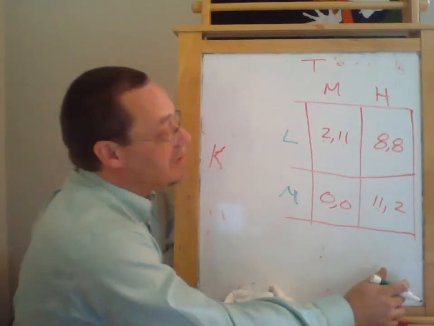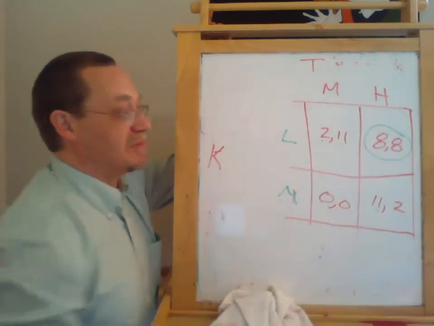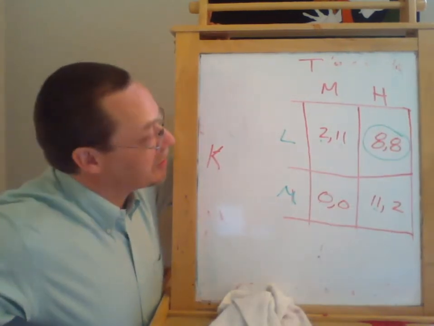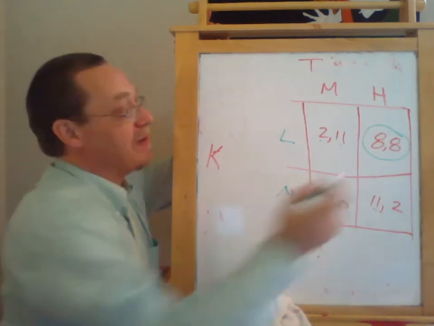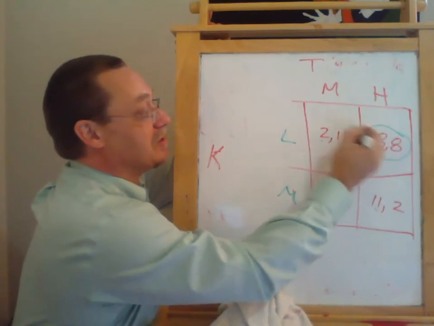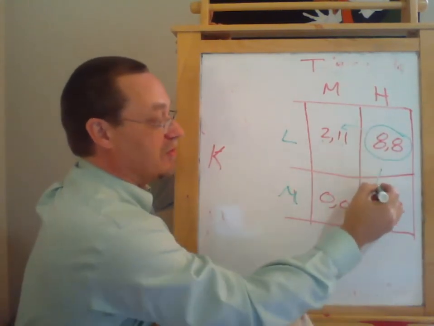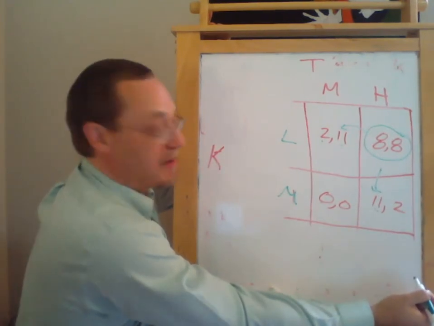It might be that they would prefer in some sense to end up there, but they're going to find it hard to sustain that as a cooperative outcome, because Target's going to want to move to this square and Kmart's going to want to move to this square. So that's going to be hard to sustain for them.